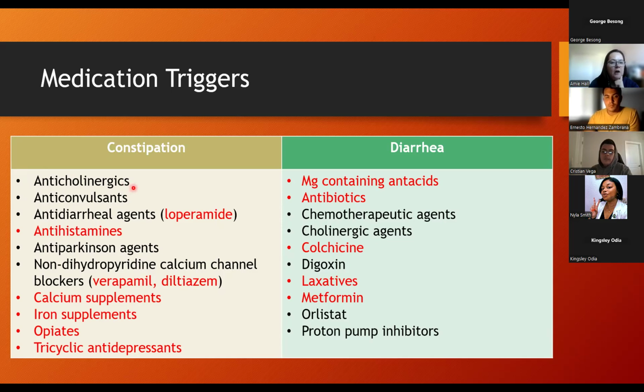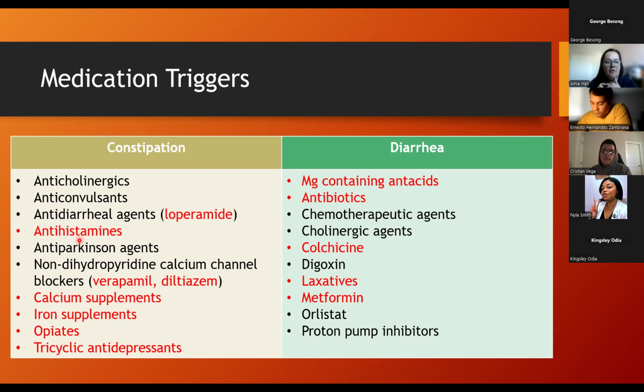Anticonvulsants can cause constipation. Anything that we use to treat diarrhea can cause constipation. So loperamide, we learned about that last semester being a treatment for diarrhea. It can cause constipation. It makes sense. Antihistamines fall in our anticholinergics. So your diphenhydramine, can't see, can't pee, can't spit, can't.